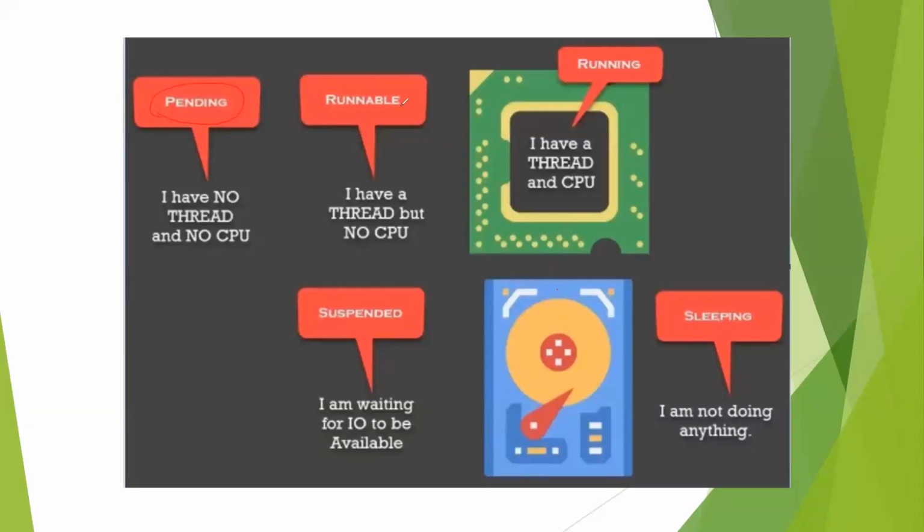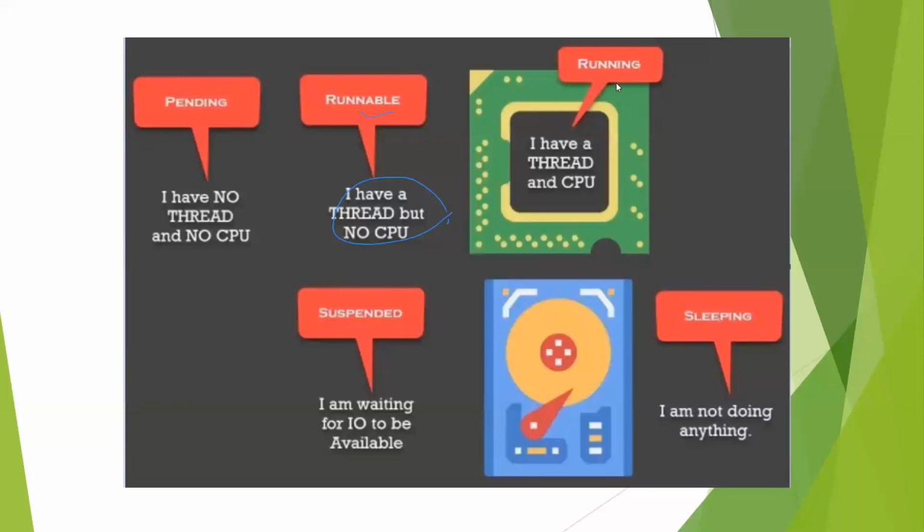At the same time, if the thread is in the runnable queue, it is waiting for the CPU to be available. Some other thread is currently running, and it is waiting for a signal from the thread currently executing on the CPU, right? I have a thread and no CPU. So here the running.